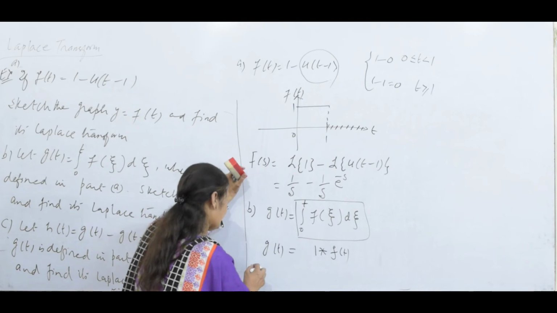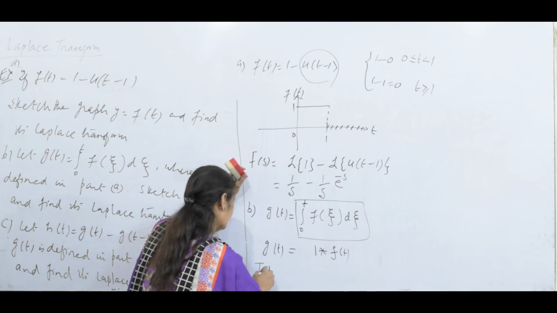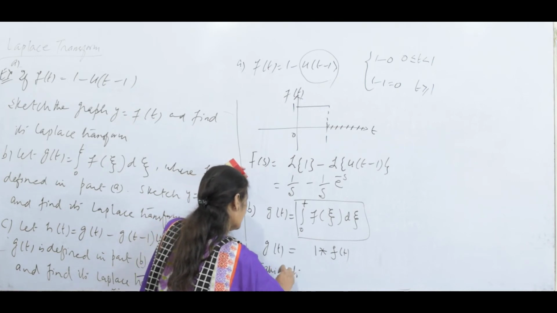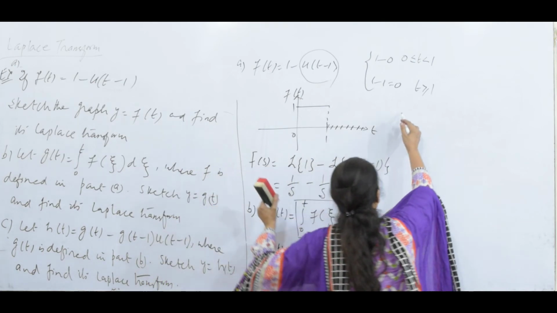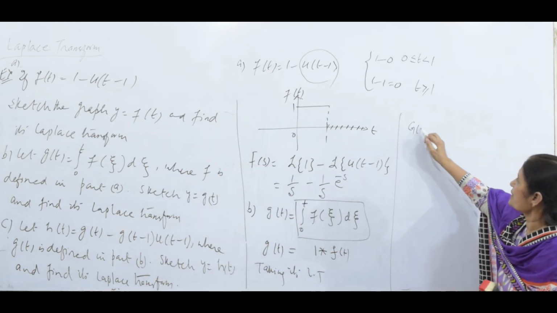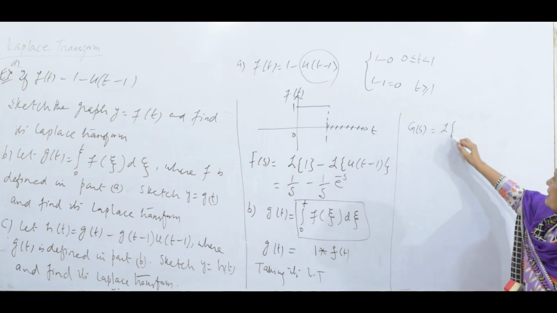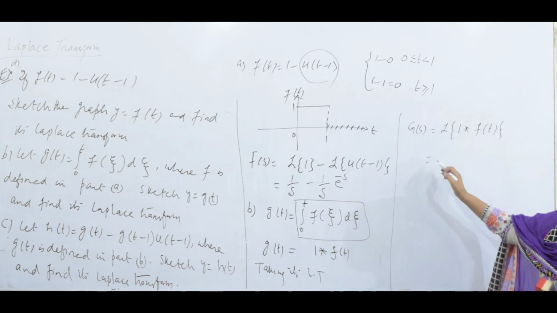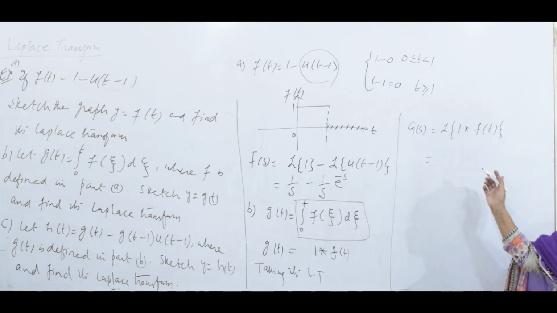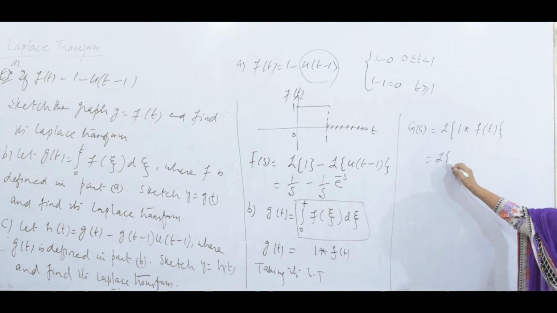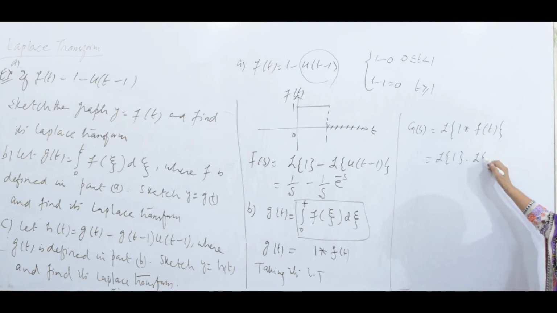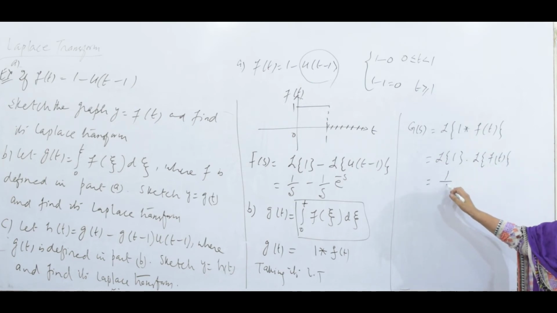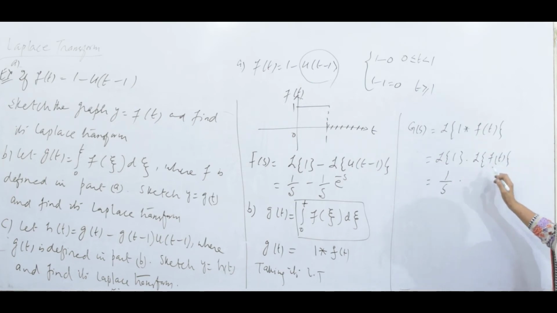Now taking the Laplace transform, we are left with g of s on the left hand side. Laplace transform of 1 convolved with f of t. The Laplace transform of a convolution is the product of their Laplace transforms: 1 into Laplace of f of t. Laplace of 1 is 1 over s, into Laplace of f of t, which is f of s.